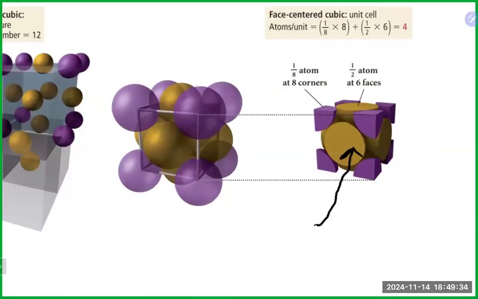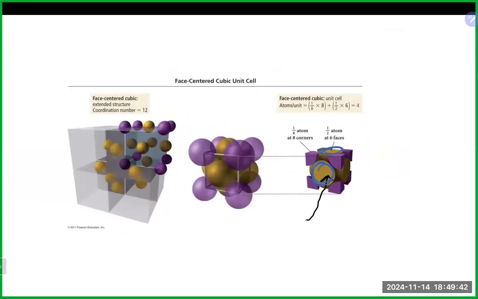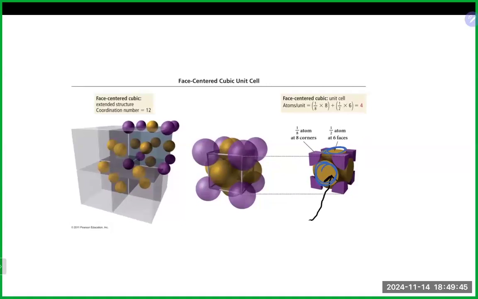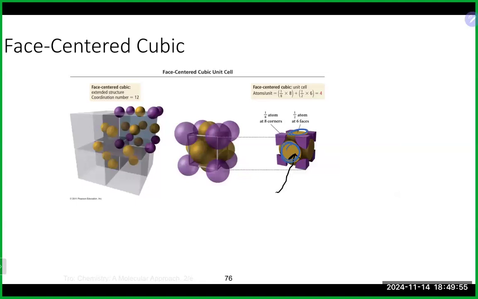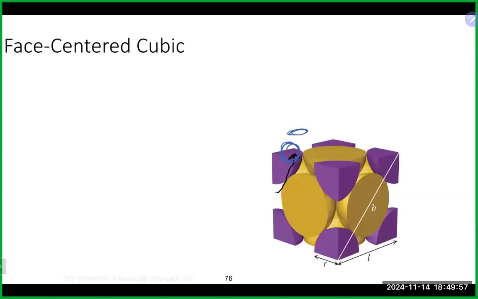It's dissecting those atoms on the face right in half, so you end up with just a half an atom left on that particular unit cell. Because of the lot more atoms involved in this unit cell, you're going to have a greater coordination number. Things are going to be in contact with each other a lot more than in the other 2 forms. As you can see there, again, it will slice those on the face right in half.